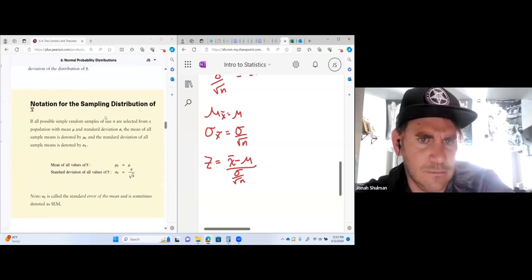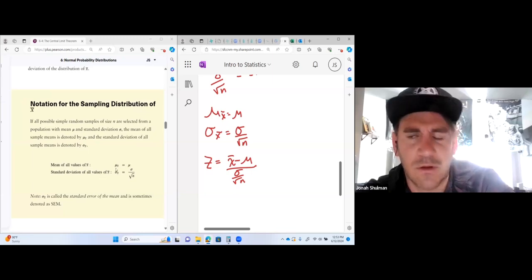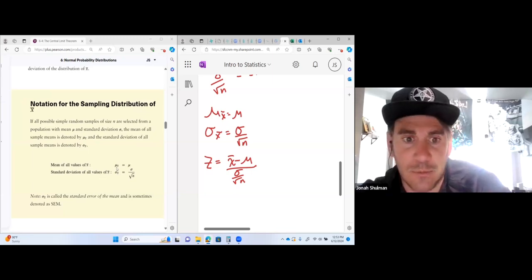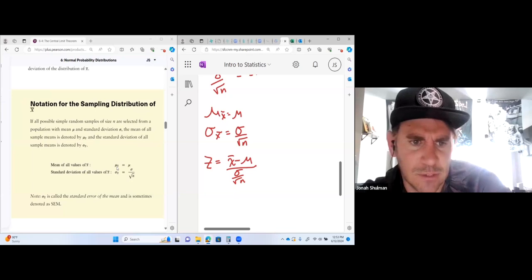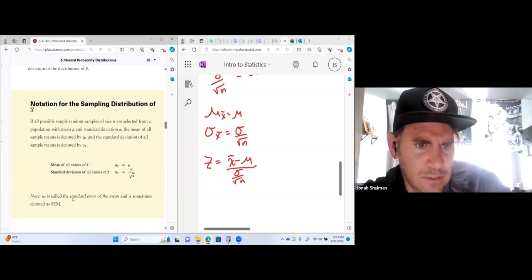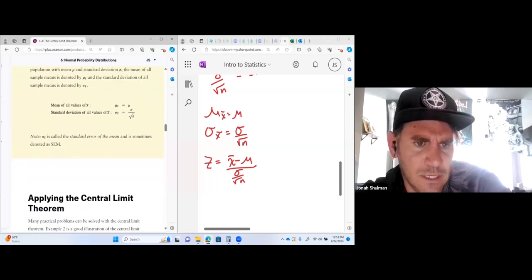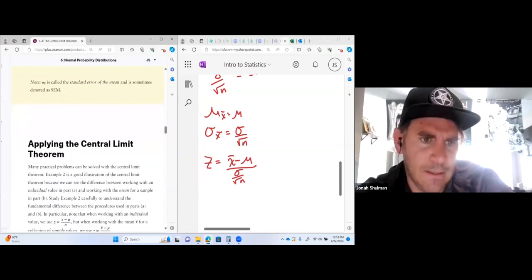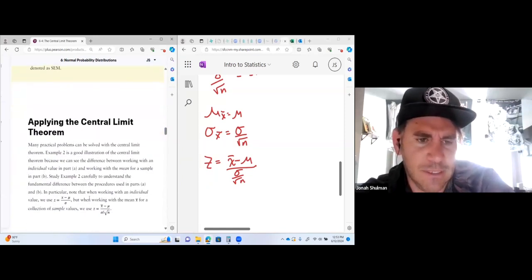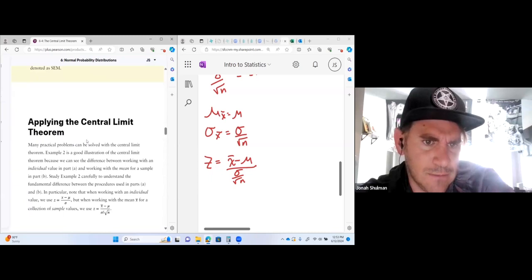Okay. So we have this little x bar, which means sample mean, so that's why it's right next to it as a subscript. Notice that this is noted as the standard error of the mean, sometimes denoted as SEM. All right, the big thing is, can we apply this thing, right?